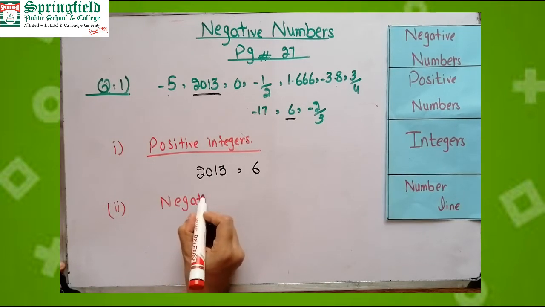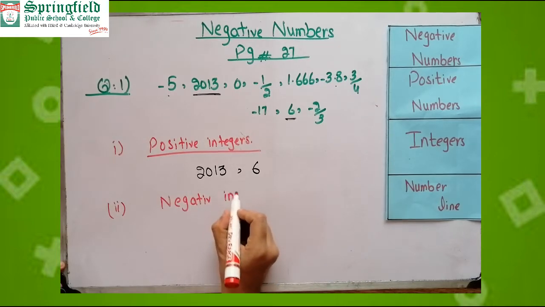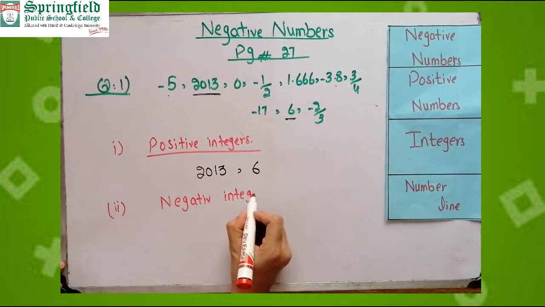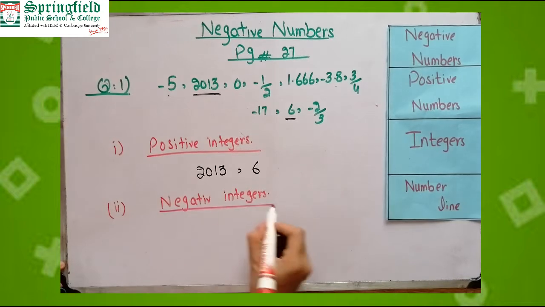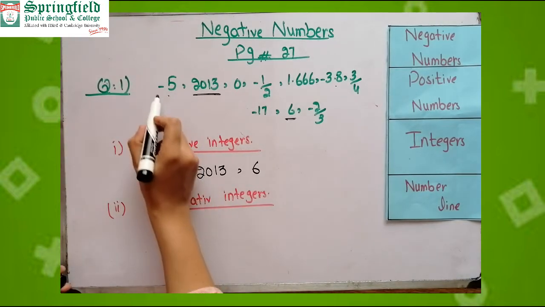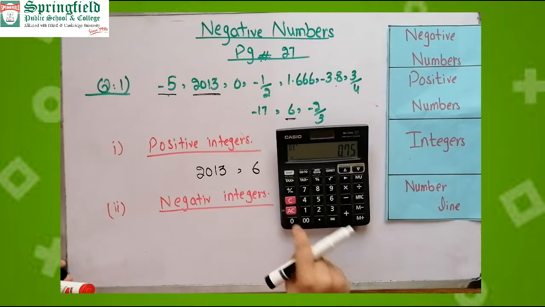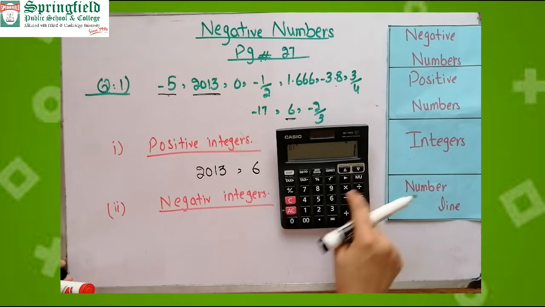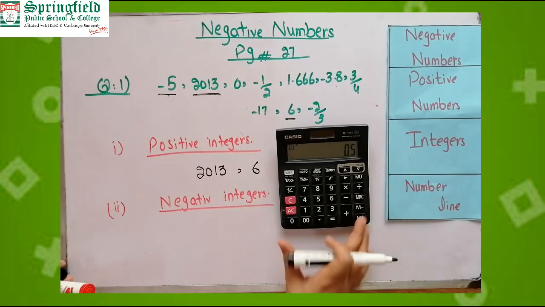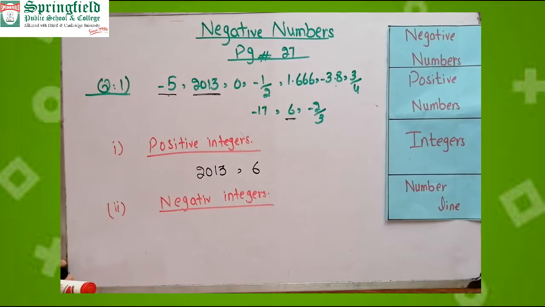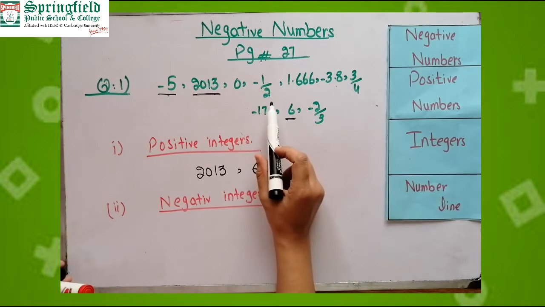Now come to the negative integers. Okay, negative integers. Minus 5, yes. Minus 1 by 2: 1 divided by 2 is 0.5, sorry. This is a decimal number.